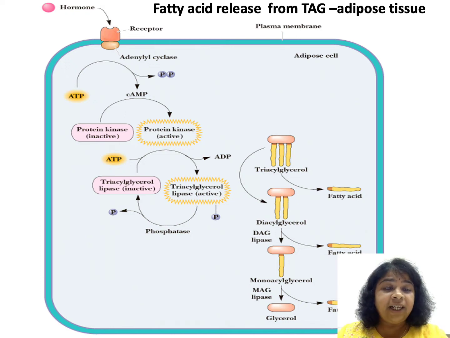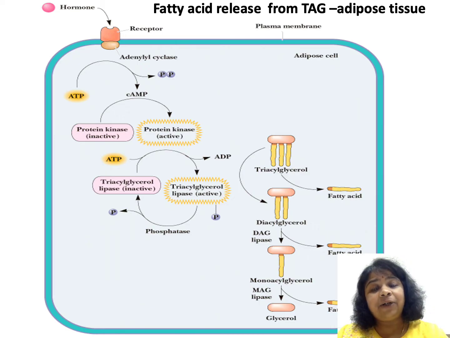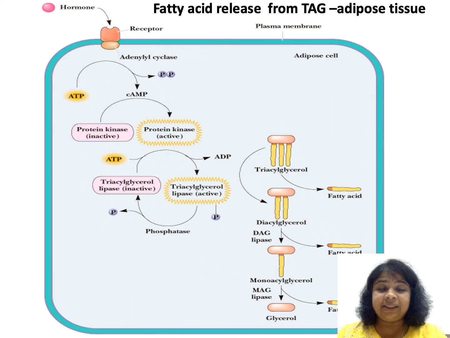So this protein kinase in turn will phosphorylate the enzyme hormone sensitive lipase to convert it to the active form. Once this lipase is activated, it will act on triacylglycerol to release free fatty acids.